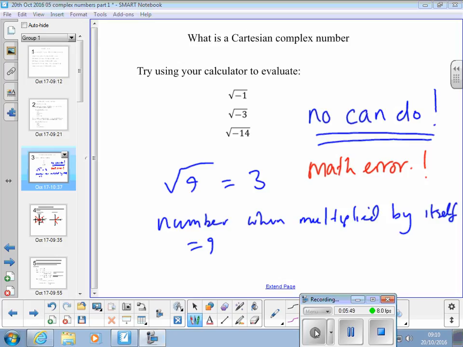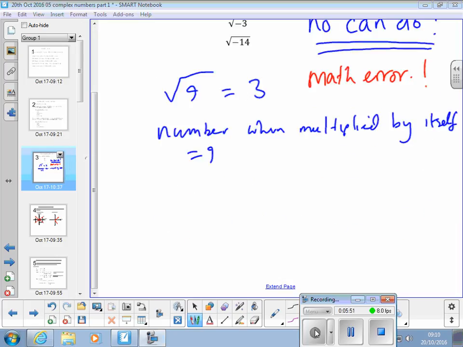So the opposite of square root is square. If we do minus 2 times minus 2, what do we get in the calculator? No, this is times. What do we get?